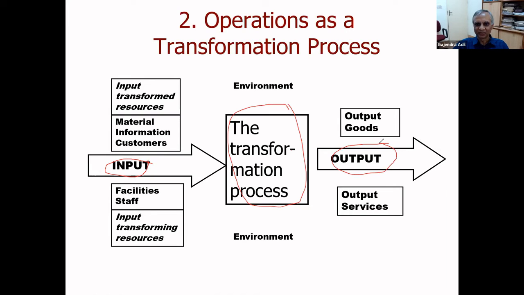So these are the three parts in transformation. Now inputs is nothing but all those you need to carry out the transformation. Now, there are two kinds of input. One is required to transform things, and the other input is the one which you want to transform. So let me explain. It may not be very clear.